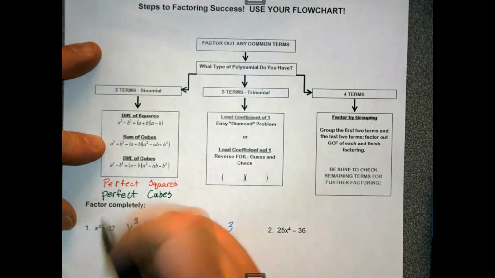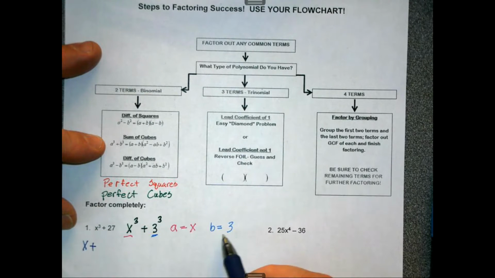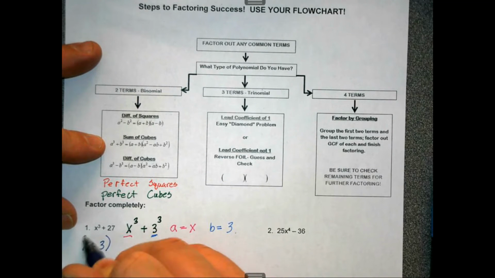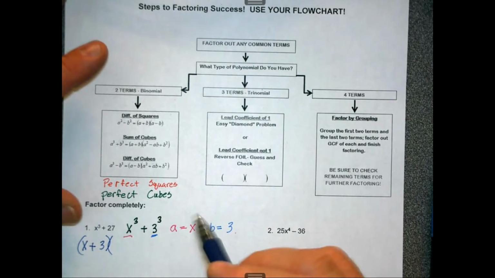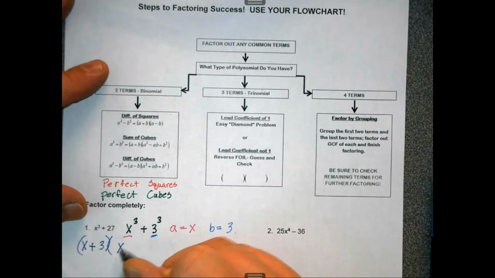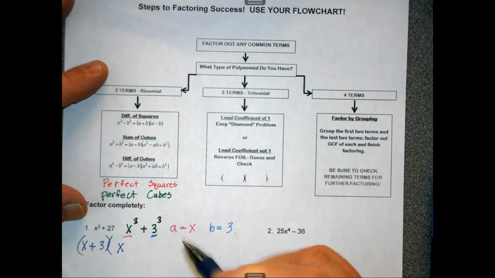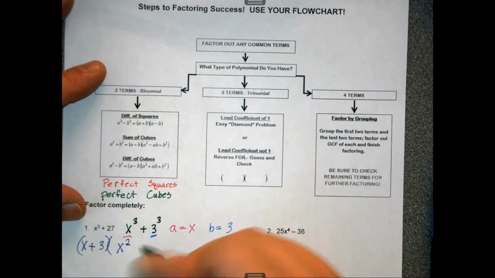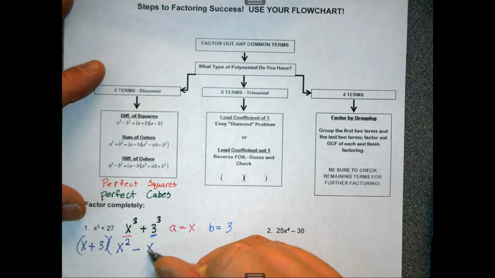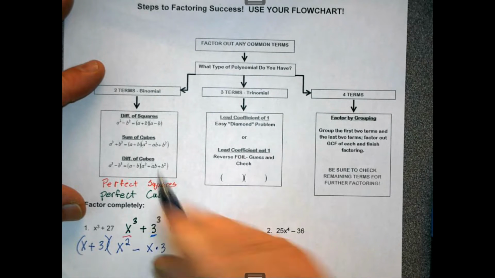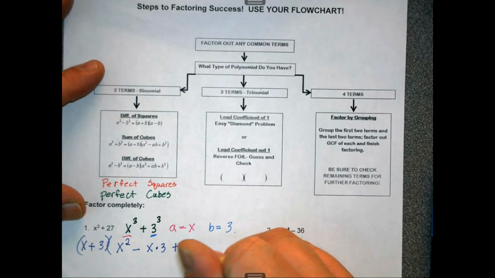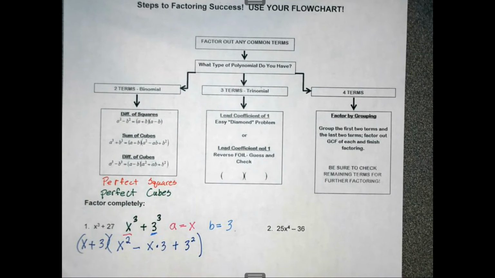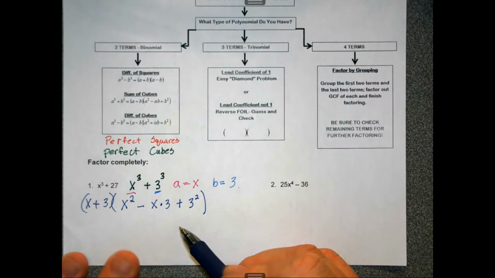So I have x plus my b, which is 3, times a squared. Now, this one doesn't matter, but when I have a coefficient on x, I have to be a little careful. So I have x squared minus a times b, which is 3, plus b squared. Then I have to simplify this and put it in the right order, right?